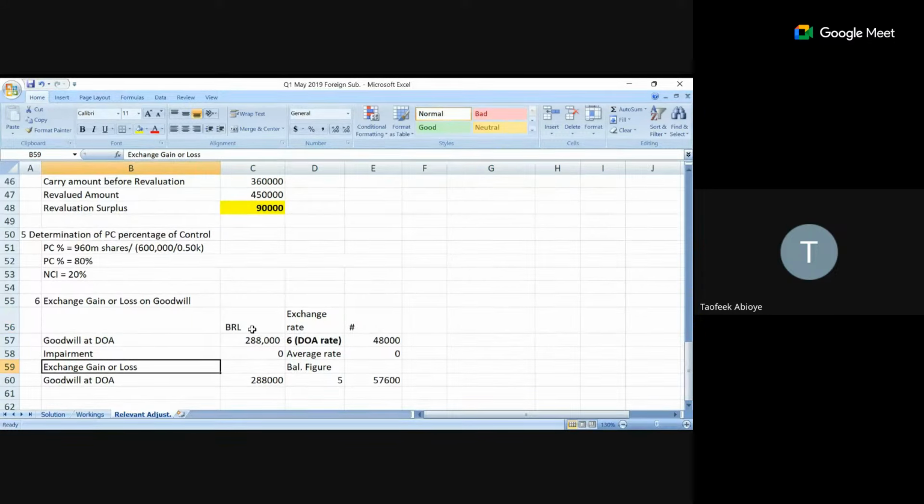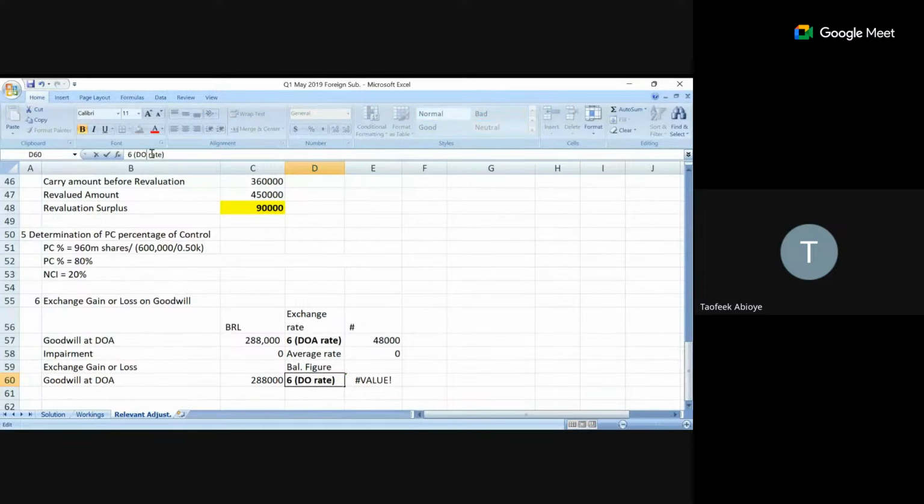Now, this 280,000, that is our goodwill in BRL. It will not change. But what will change? What will change is exchange rate, because exchange rate at DOC is different from DOA rate.